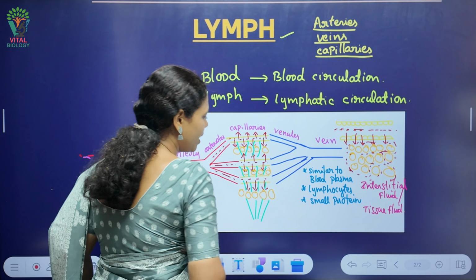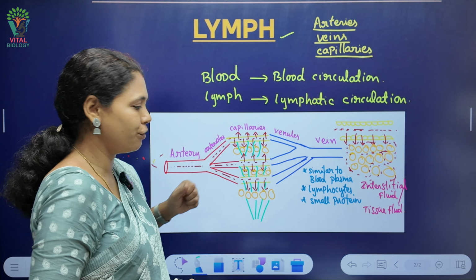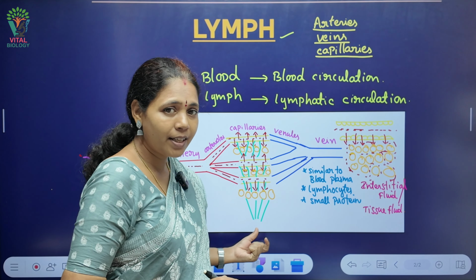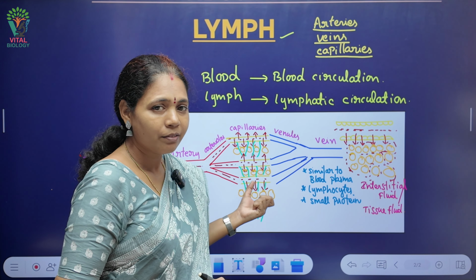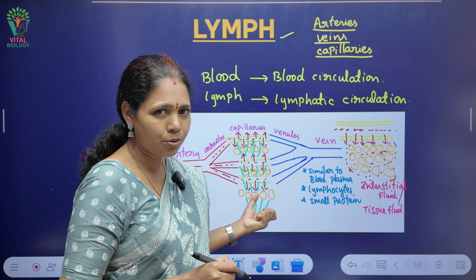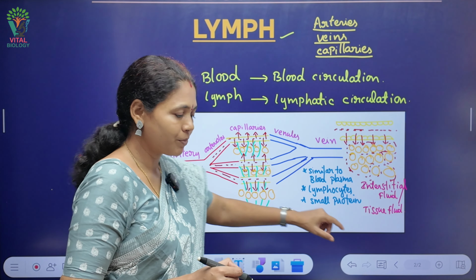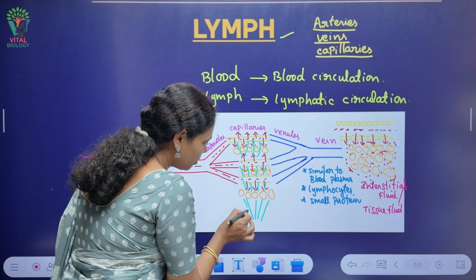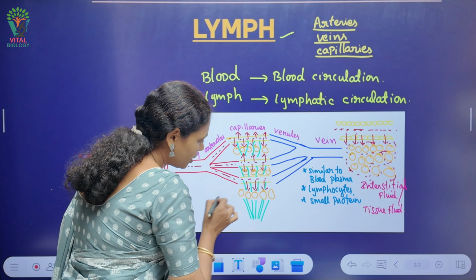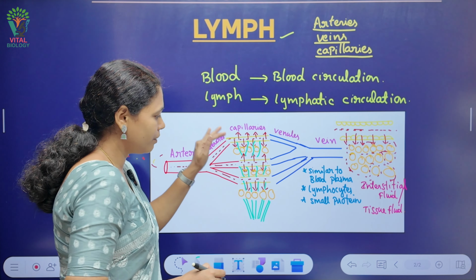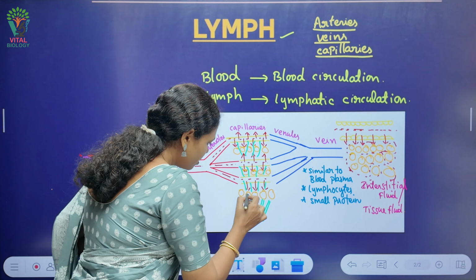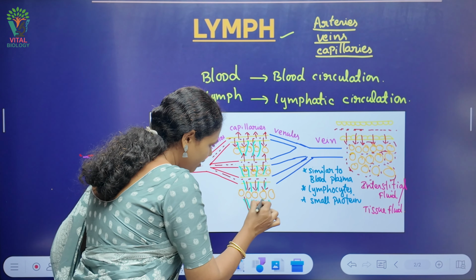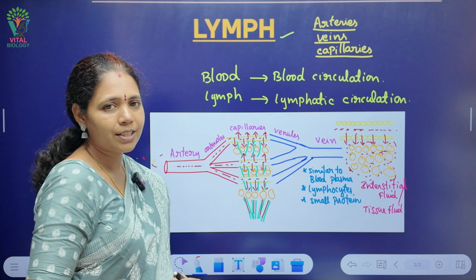These various lymphatic channels collect the fluid that is leaked into the tissues, which we called the tissue fluid. So these are the channels, and into these channels the fluid enters like this. Now it travels through these lymphatic vessels.